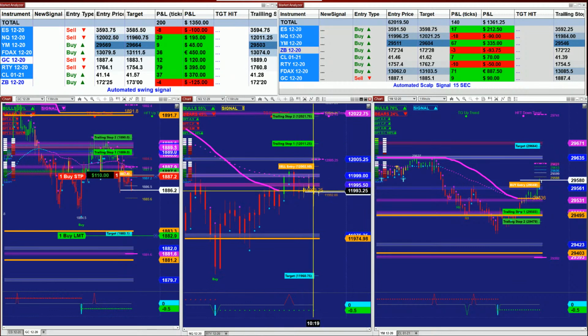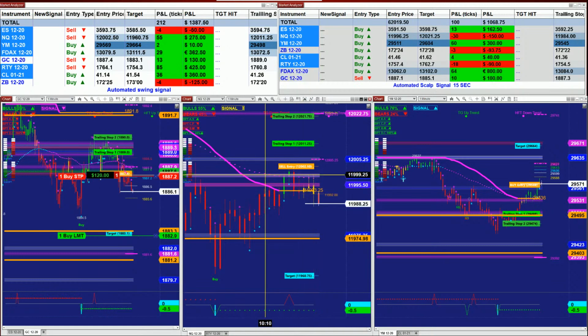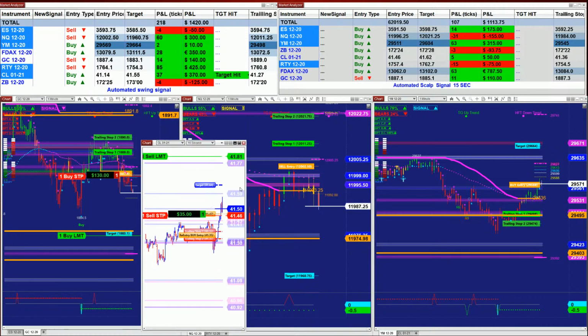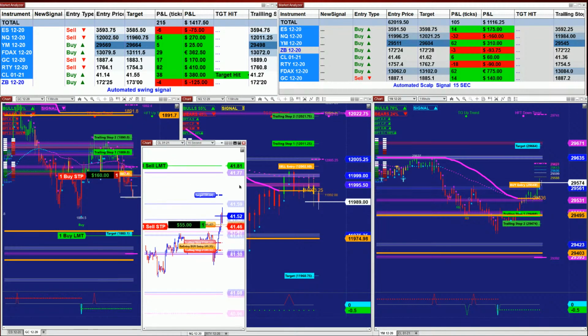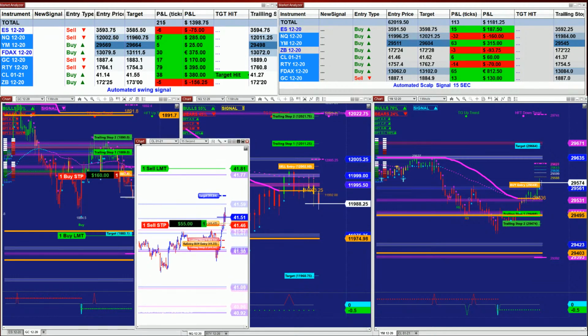Be careful, this is a re-entry short on the NASDAQ. And I'm using on the CL also the ATM strategy. So you can see it's breaking even. And so you can use both systems.